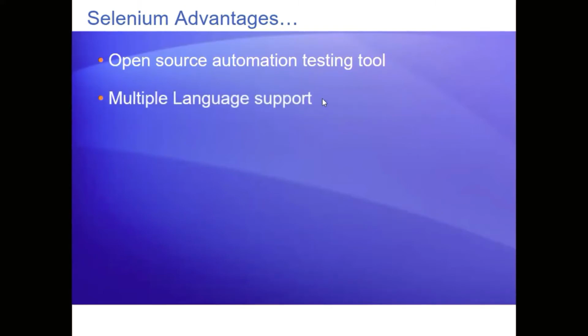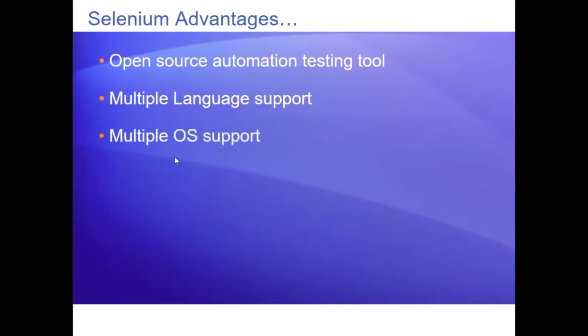It has multiple language support. As I said, if I know Java, I'll write my Selenium scripts in Java. If someone knows Python, they will write Selenium scripts in Python. It supports Python, Ruby, Perl, Java, and PHP, like many languages. Coming to OS support, it supports Windows, Mac, Linux, and Solaris.